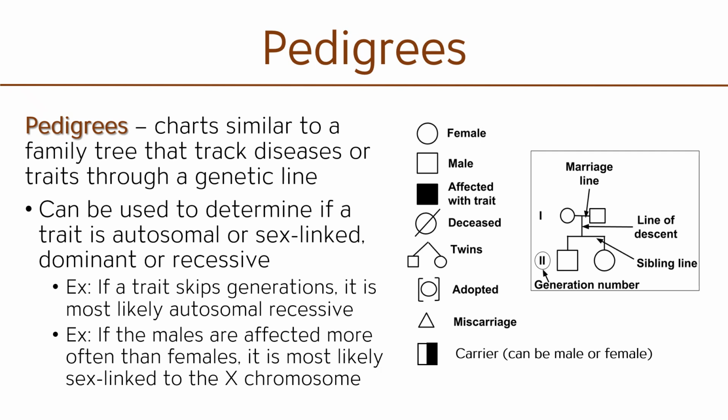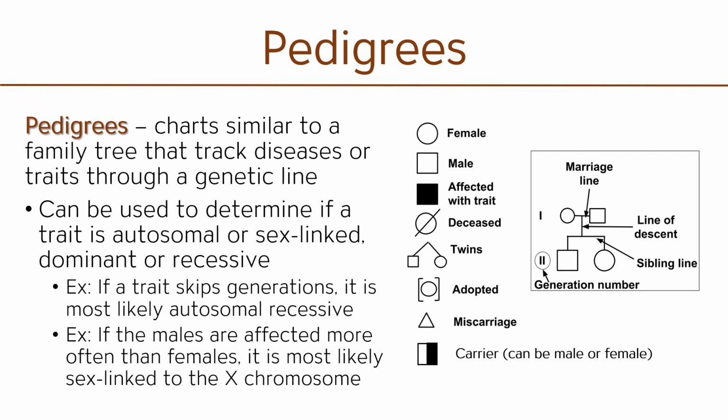Now, a horizontal line is considered a marriage line or a union line in the sense that these two organisms mated and are going to have offspring together. In this case, that causes a vertical line, which is a line of descent, showing that these two organisms have two offspring together.